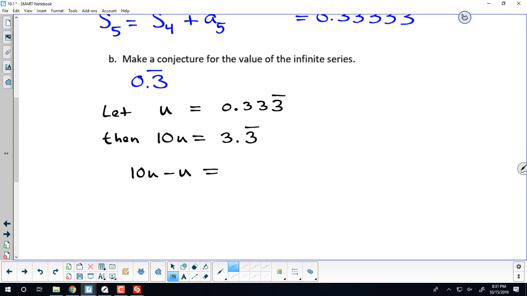What do we get? 3. Does everybody see that? If I take 3.3 repeating and subtract off the 0.3 repeating, I just get 3. So I actually have 9u is equal to 3, which means u is equal to 3/9 or 1/3. So our u, which was 0.3 repeating, is actually 1/3. That's how you know it's 1/3.